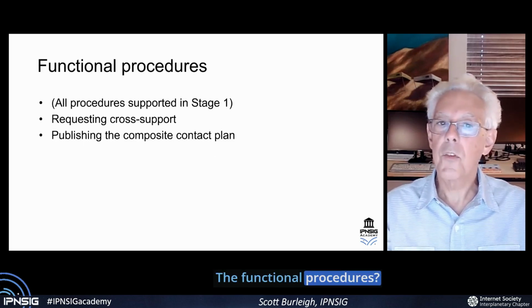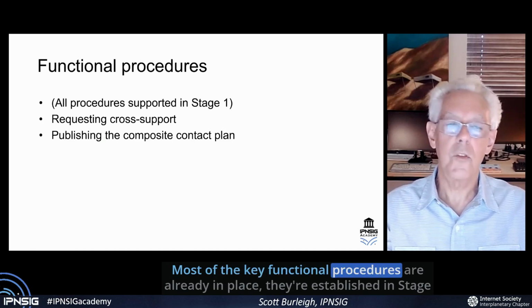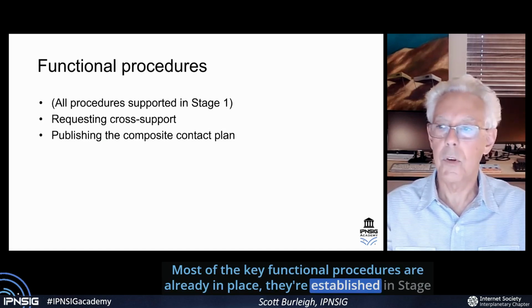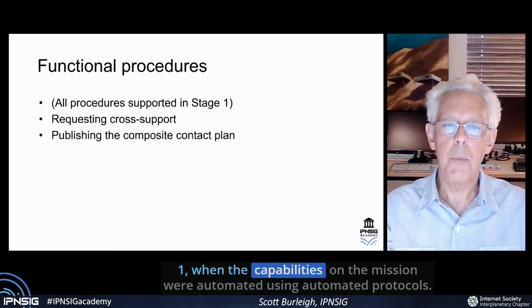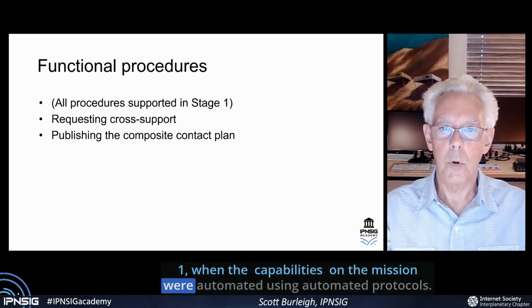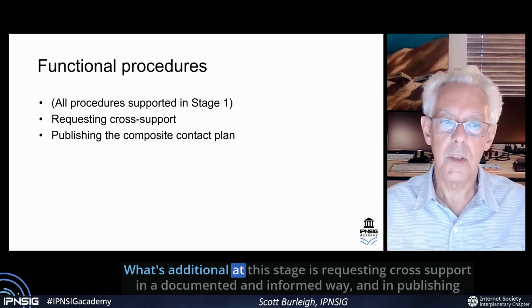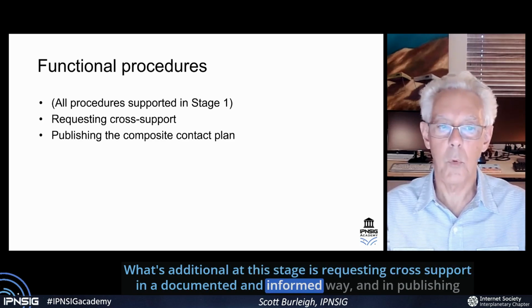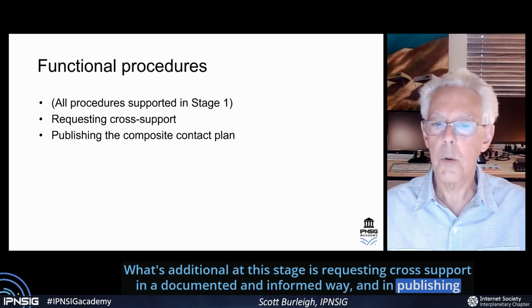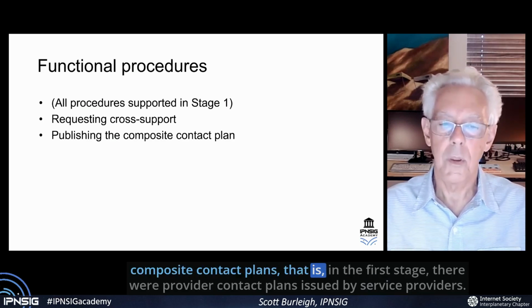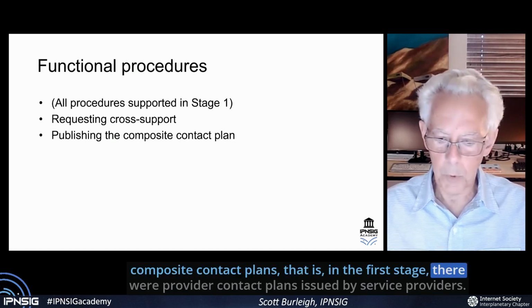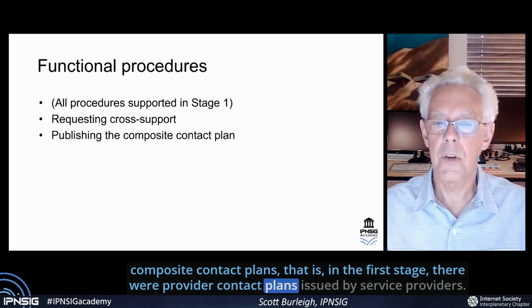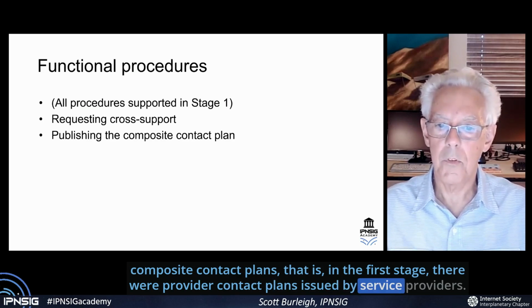The functional procedures, most of the key functional procedures are already in place. They're established in stage one when the capabilities of the mission were automated using automated protocols. What's additional at this stage is requesting cross-support in a documented and informed way, and in publishing composite contact plans. That is, in the first stage, there were provider contact plans issued by service providers.